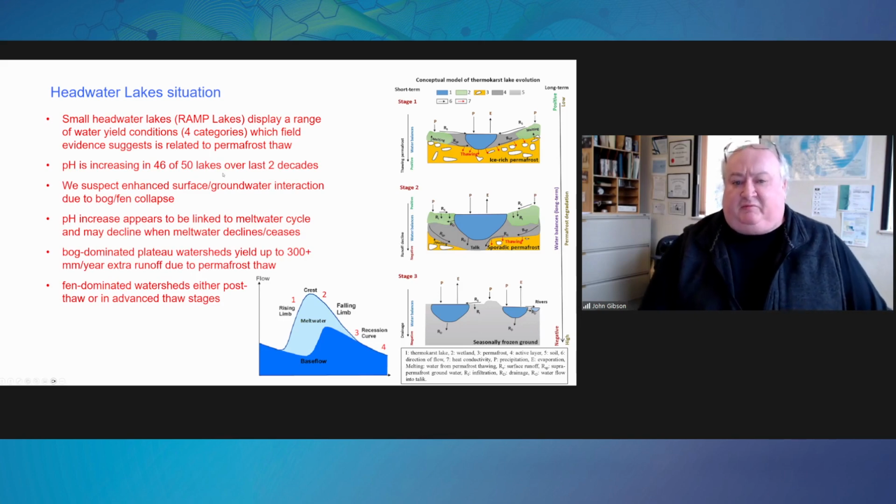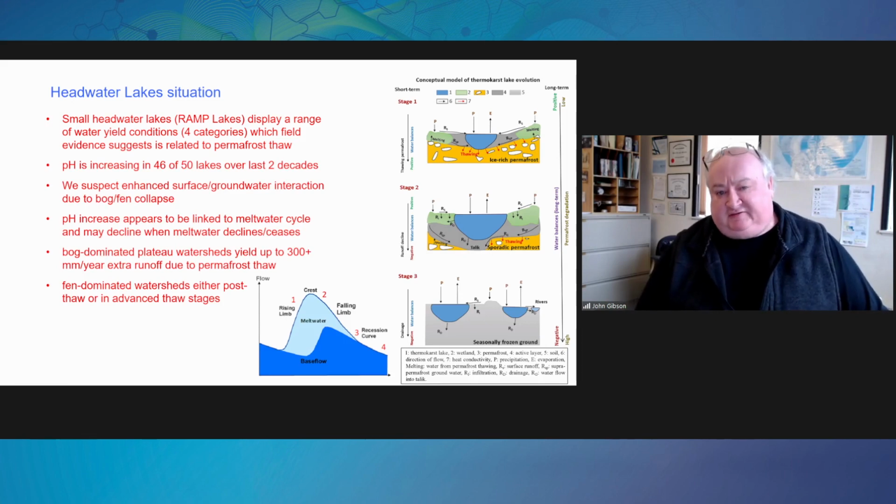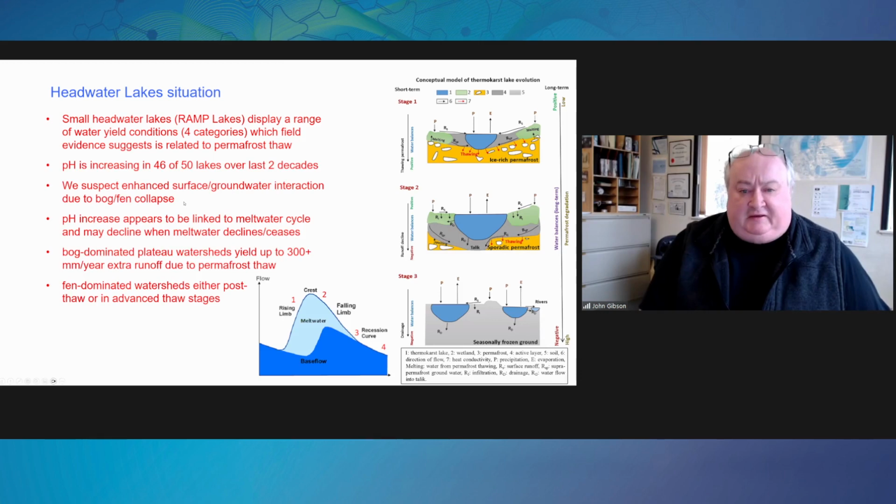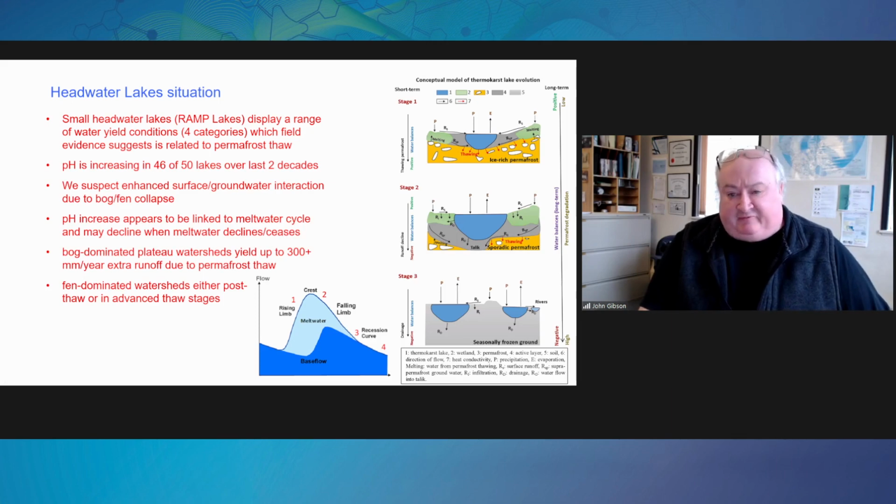But because of the influence of things like permafrost thaw and changes in lake cover, they are in fact increasing in pH. We suspect that surface groundwater interaction due to bog fen collapse is a major part of this. We can observe that happening.